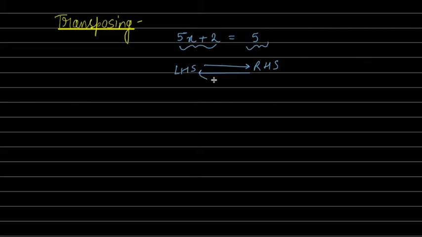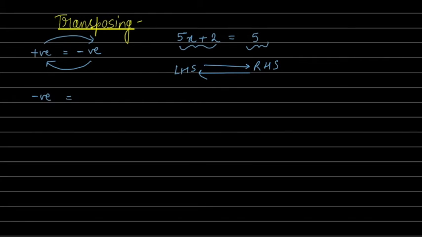Now there are rules which we have done in the previous classes also. Whenever we shift a positive term to the other side, it changes to negative. When I say the other side, it can be from right to left or from left to right. A positive term will always change to negative.